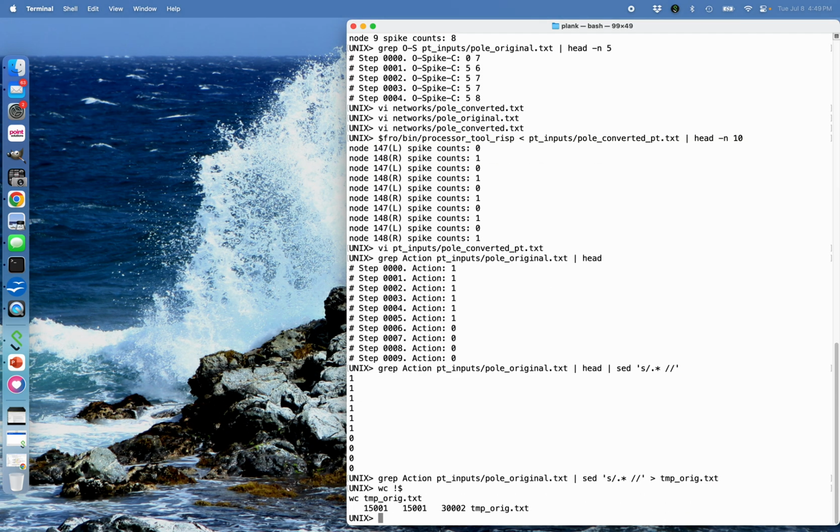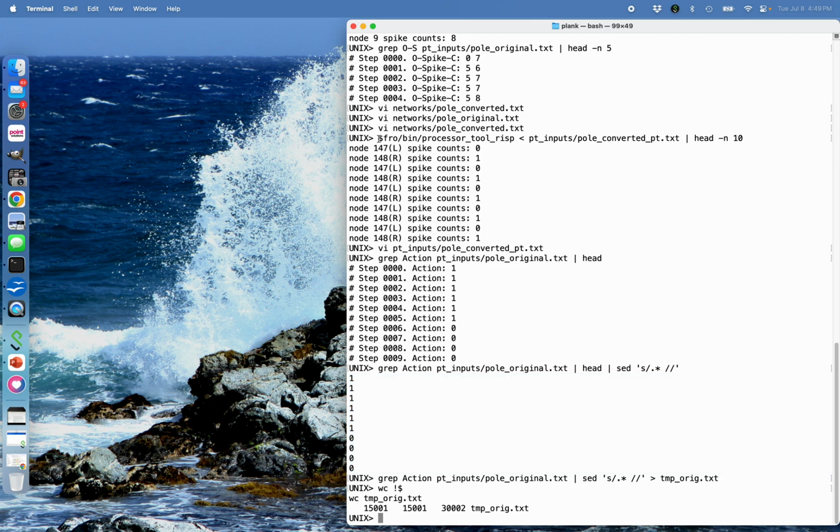Now let's take that for all of them and put them into a file. Okay, so 15,001. There's an extra time step at the end. Now what we're going to do is run the converted network, and then we will convert the outputs here so that they match the outputs here.